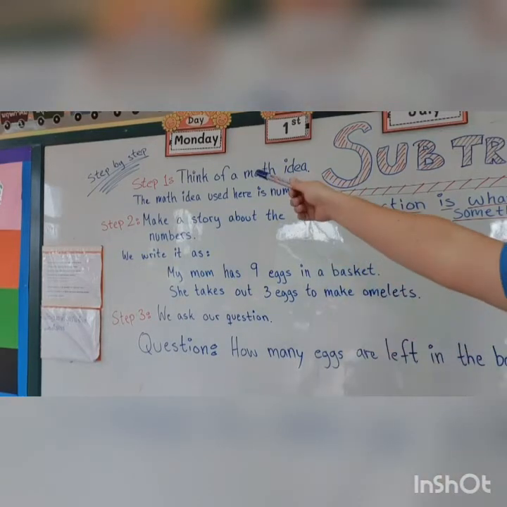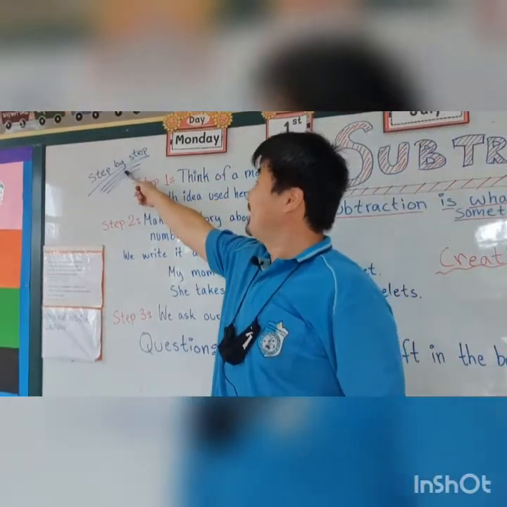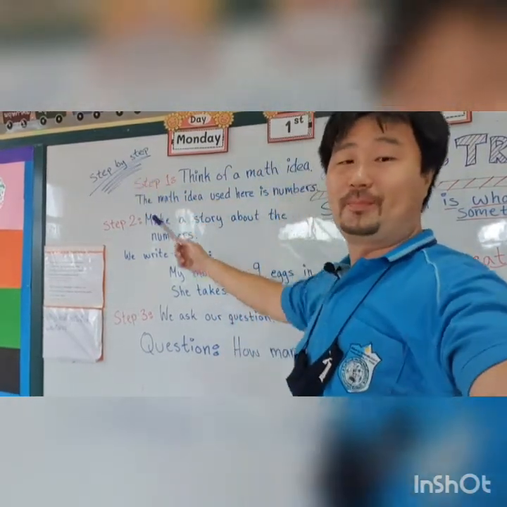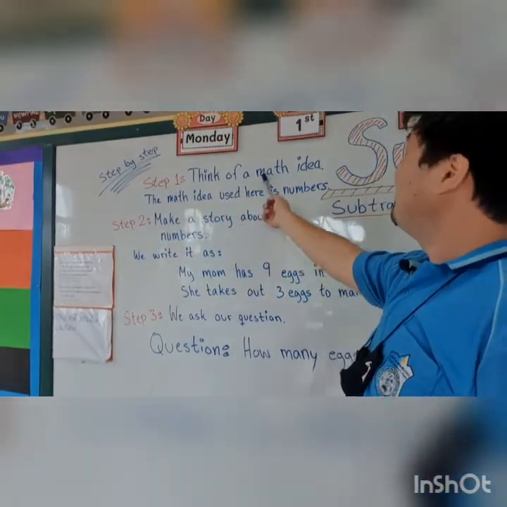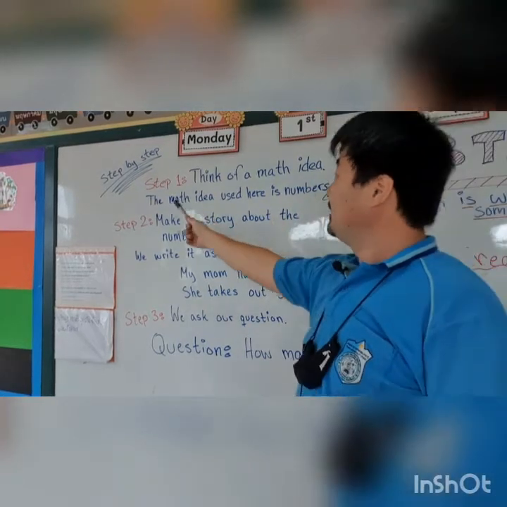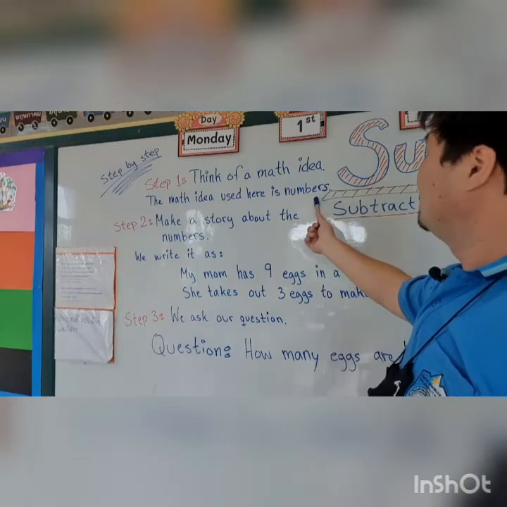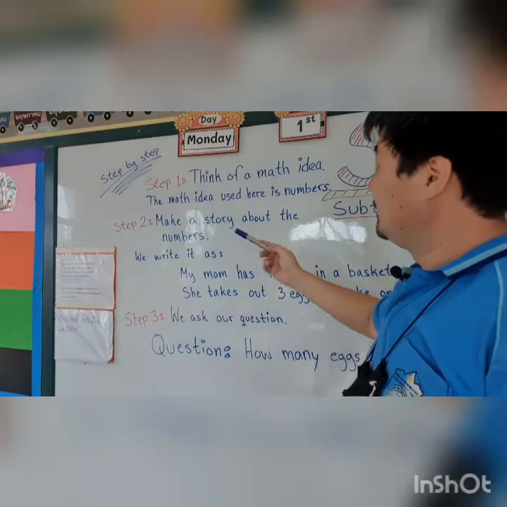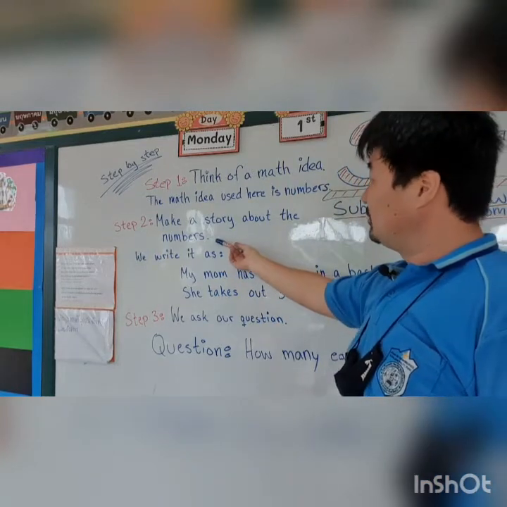We have 3 steps, and this is the method step by step. Step number 1, think of a math idea. And the math idea used here is numbers. Step 2, make a story about the numbers.